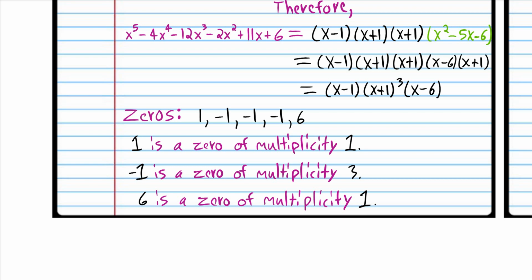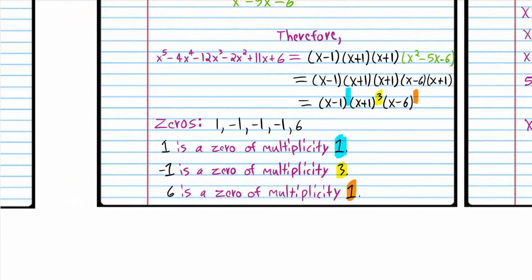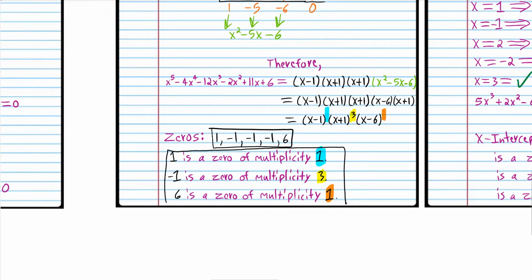You can see the multiplicity by looking at the exponents, if you're writing the polynomial in factored form with exponents. So we solved the problem. We have the zeros up here, and we found the multiplicity of each zero.